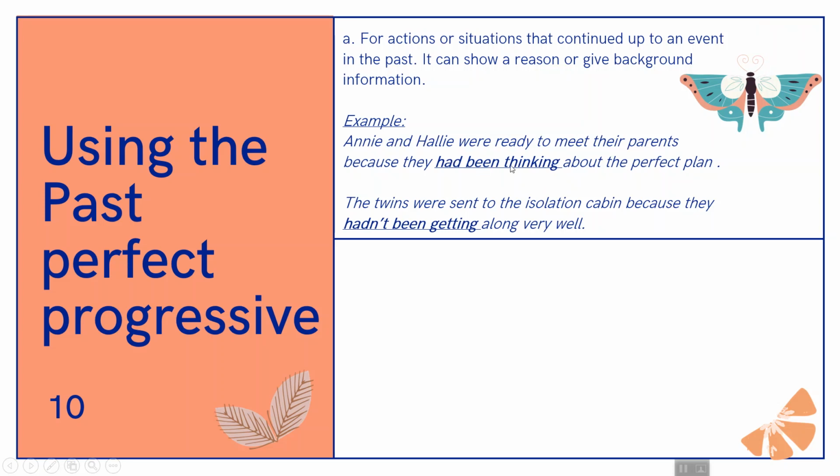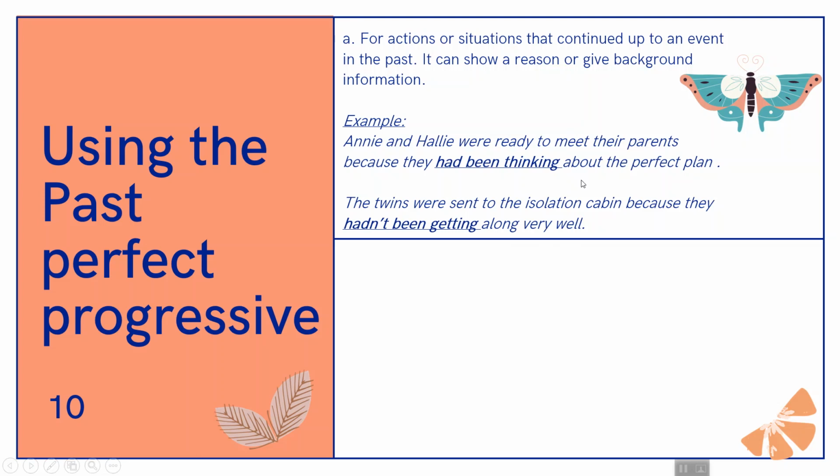Remember that they had been thinking about that plan for a long period of time, okay? Now, the twins were sent to the isolation cabin because they hadn't been getting along very well. So, if you see, we are giving a reason, we are providing the background information, okay?